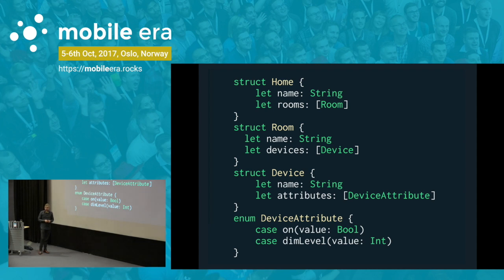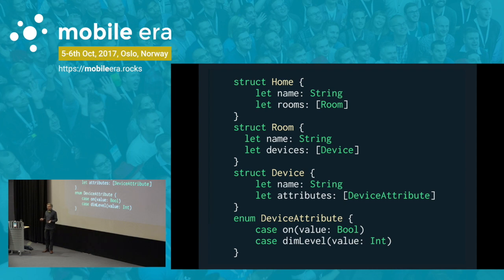So here's just to set the stage for explaining some examples of how we use reactive cocoa. We have a home, like that's my home, right? A home has, of course, rooms. My kitchen, my living room, my hallway, for example. It has a name. And rooms have devices. They have names. It's my lamp, it's my door, it's my fire extinguisher, my jacuzzi, piano, etc. And the devices have some kind of attributes.